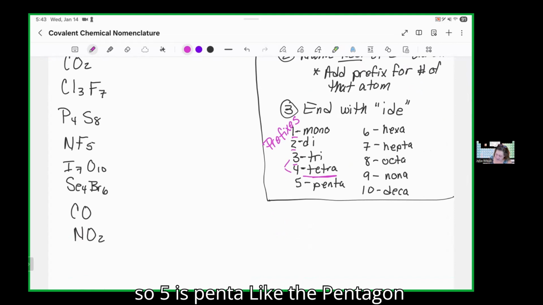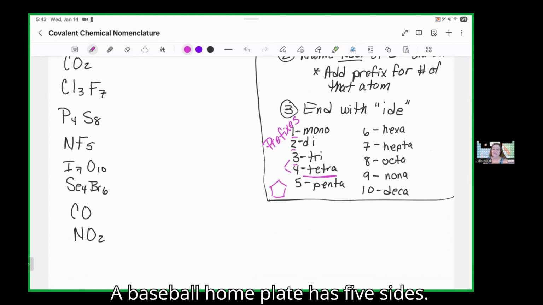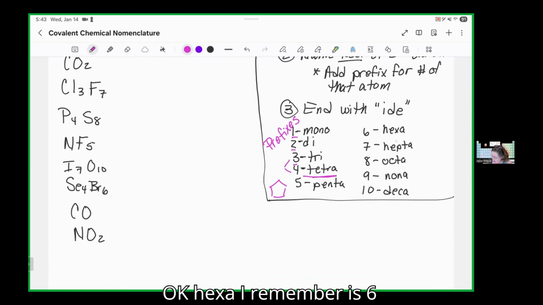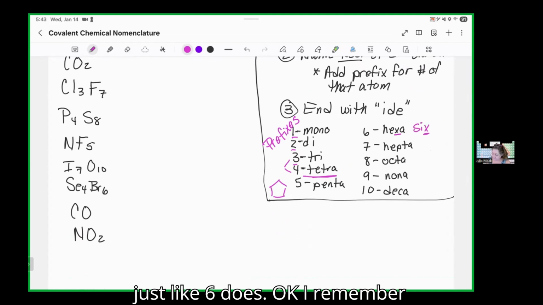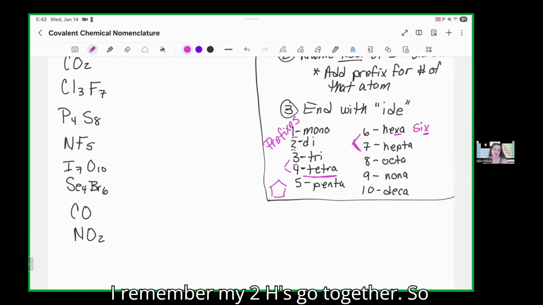5 is penta, like the pentagon has 5 sides, or a baseball home plate has 5 sides. Hexa I remember is 6 because it has an X in it just like 6 does. I remember hepta is 7 the same way I remember the 2 T's go together: my 2 H's go together.